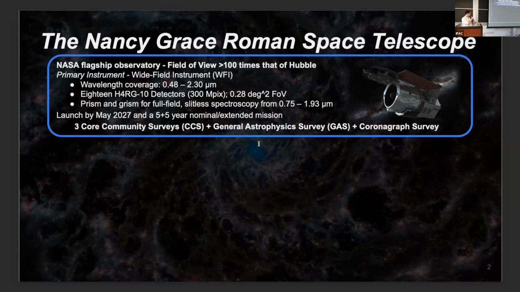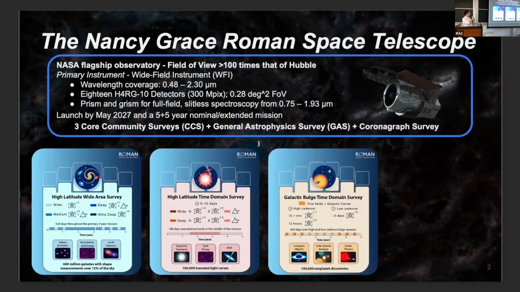And so it's divided again into 3 core community surveys primarily, 2 of which specifically call out time domain astronomy in their name. So the High Latitude Time Domain Survey, which we heard about from Anya, which will survey high galactic latitude fields, specifically designed to discover transients and do things like 1A supernova cosmology, and also the Galactic Bulge Time Domain Survey, which will be imaging several fields in the Galactic Bulge over several seasons throughout the 5-year mission with high cadence in those fields.